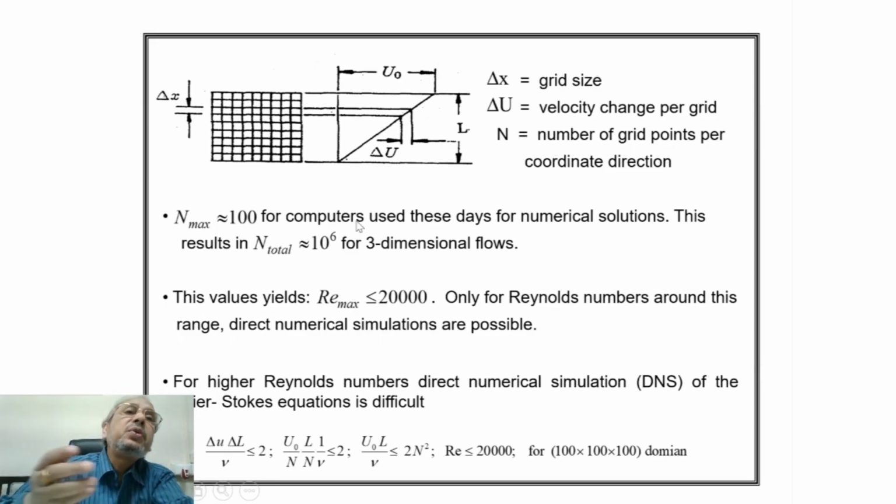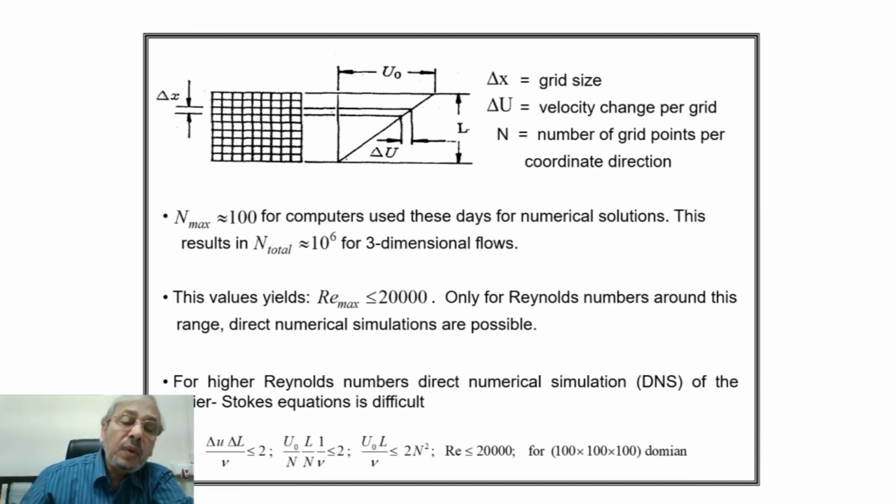Usually with most of the affordable computers we can take for some flow simulation, if it is 3-dimension, it is considered to be a very powerful computer if we are able to take 100 by 100 by 100 grids. So that means 1 million grid points.